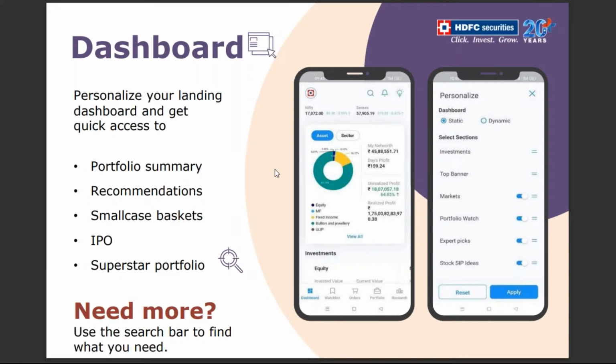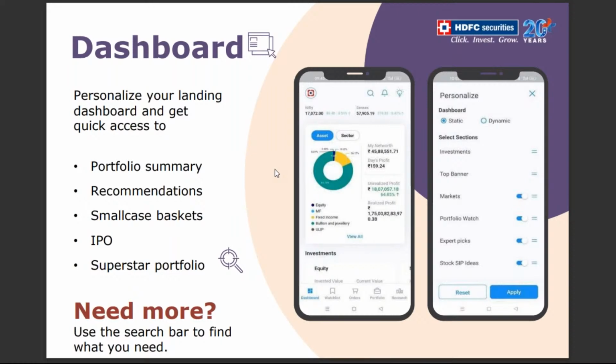First is the portfolio summary. It is not only the portfolio summary, it's a live page showing what stocks you have invested in, what industries and sectors, whether it is equity, mutual fund, fixed income, or insurance. So these are the asset classes that will be classified.